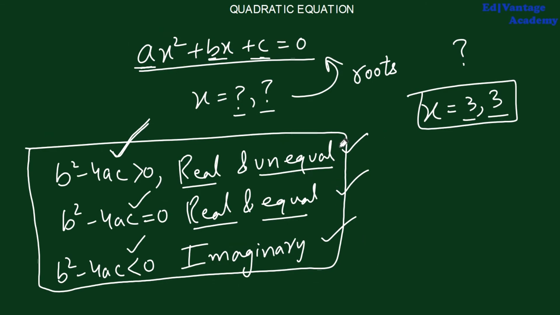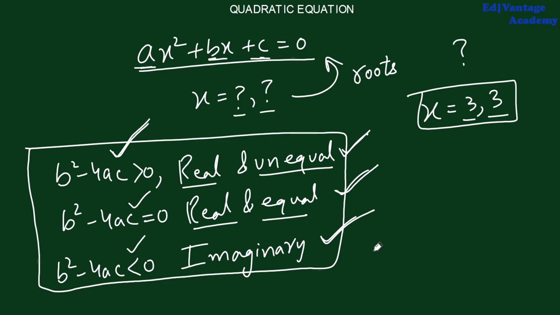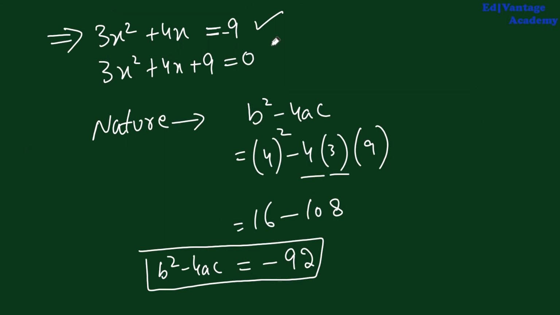Did we get b square minus 4ac greater than 0? No. Equal to 0? No. We got an answer which is less than 0. It's minus 92. That means we got this category. So we'll say for this given quadratic equation, roots are imaginary. And remember, when you get nature of roots imaginary, that means you don't need to solve that question. We'll not get the answer for it.